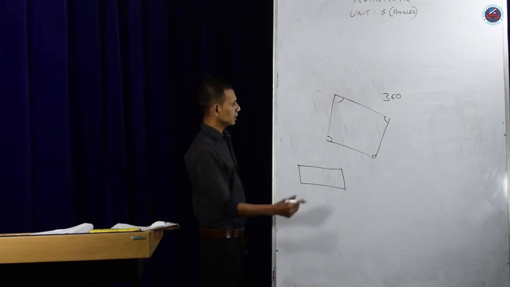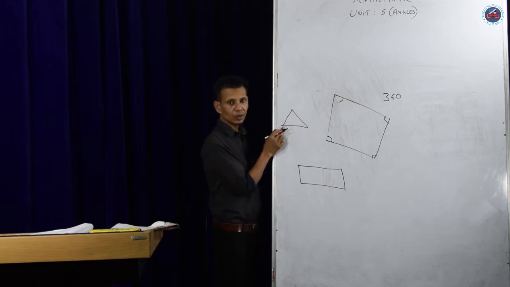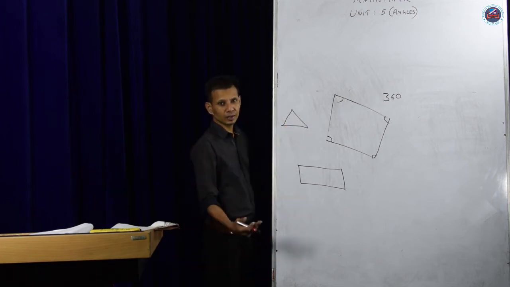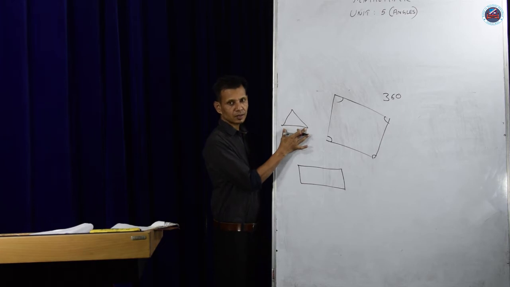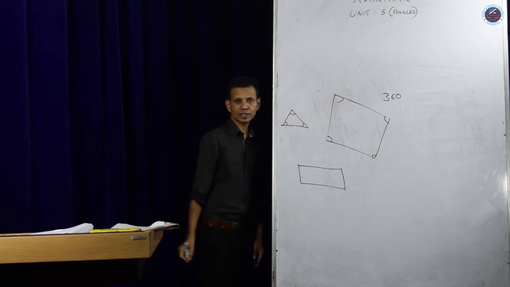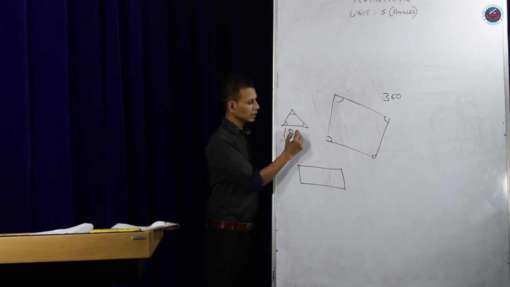Okay. Now when you come to this, is it a quadrilateral? No. It is just three sides: 1, 2, 3. It's a polygon, right? It has a specific name: triangle. When we add up these 3 angles of a triangle, what will we get? 180 degrees.